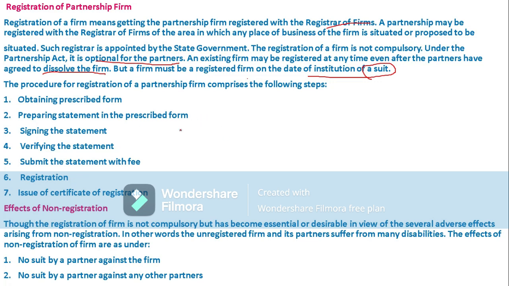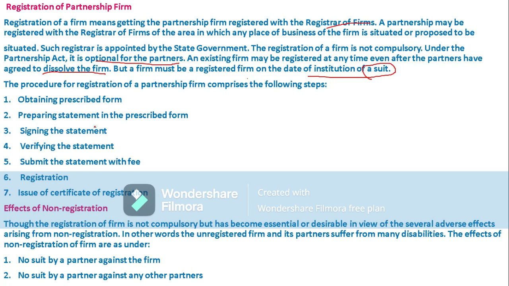So all these aspects should be very clearly informed in that form. Why? Because, for example, the partnership firm name should not be too similar or identical to an existing firm doing the same business, or else the name should not contain any words like emperor, crown, empress, empire, or else the symbols of that country.